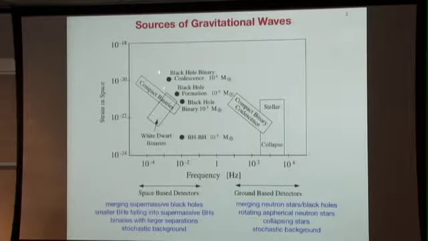So a lot of these dots, for example, they are in this frequency scale because they're all involving black holes of 10 to the 6 solar masses or 10 to the 5 solar masses. These are the typical masses of the black holes in the centers of galaxies. And therefore, they set these kind of scales. And therefore, naturally, we want to set up interferometers to detect waves that are at, for example, 10 millihertz.